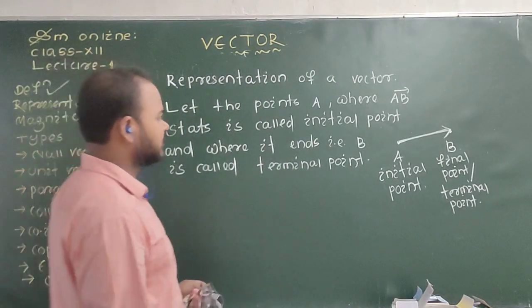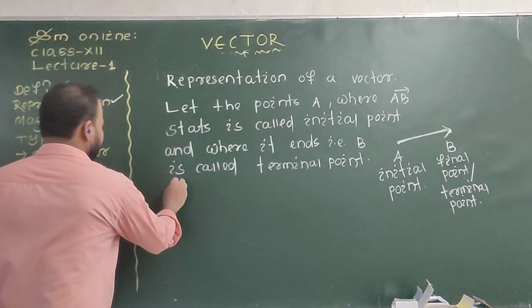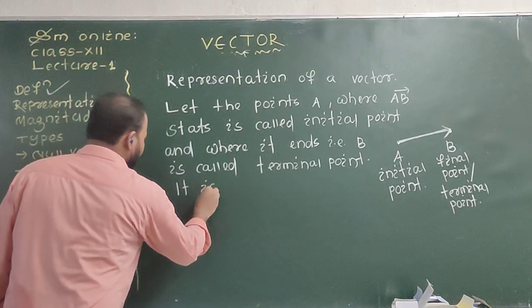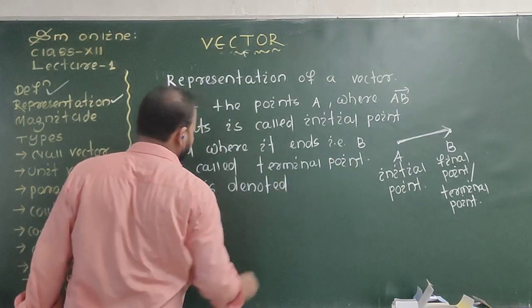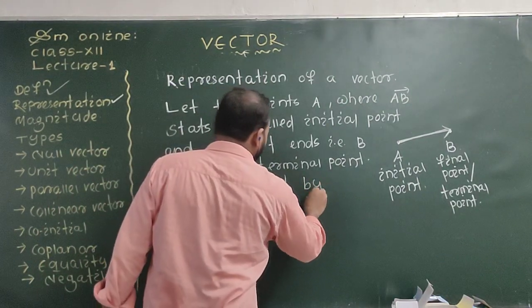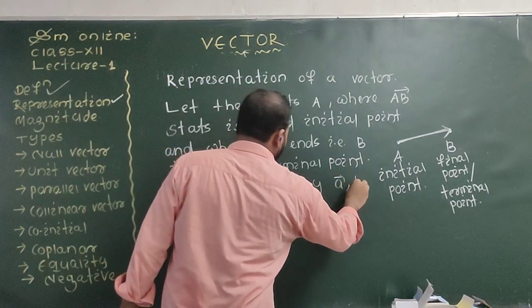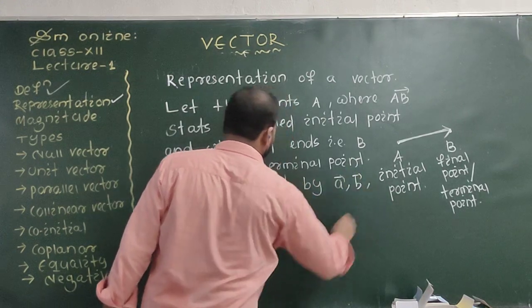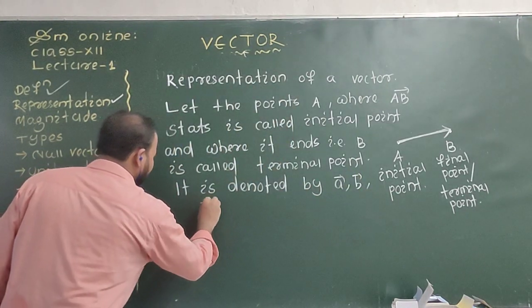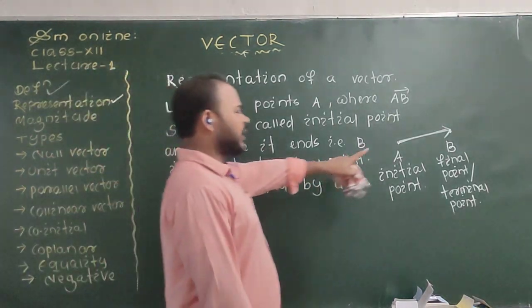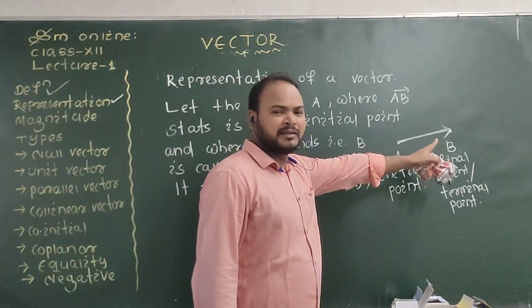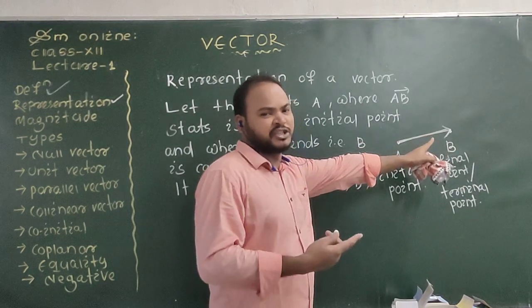And it is denoted by vector A, vector B, vector R, etc. And the arrowhead means what? Its direction.